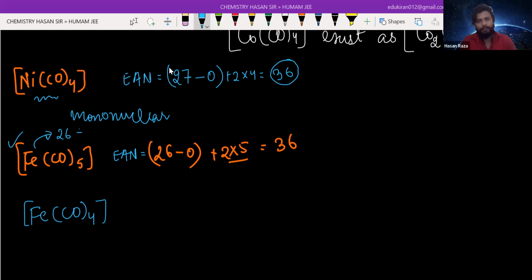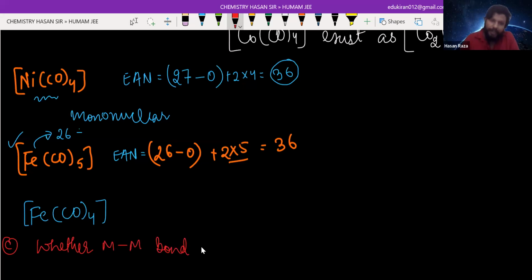Very good. Both of you got this. How to solve it? It's very easy. Now the third application, and the last application, whether a metal-metal bond exists.